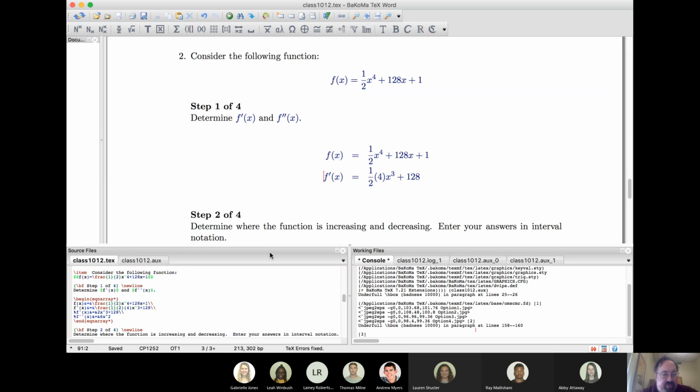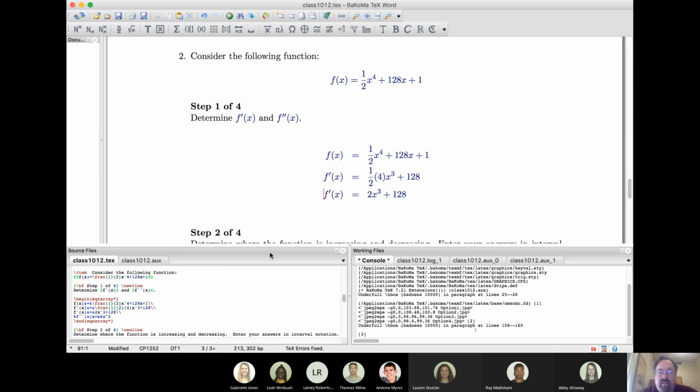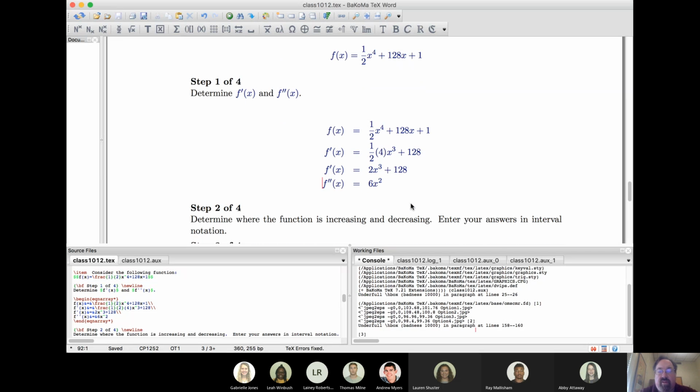So then if you clean up the first derivative, all right, so 2x cubed plus 128. And then you take the derivative of that to get the second derivative, and it's just going to be power rule again. So we'll get 6x squared from here, and then we don't get anything from here.